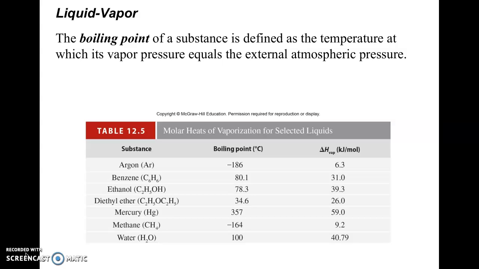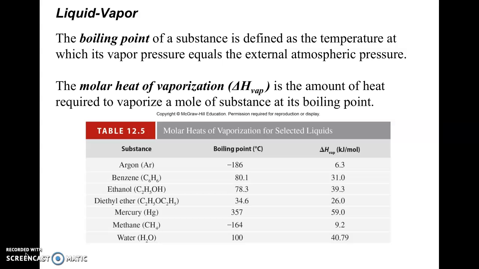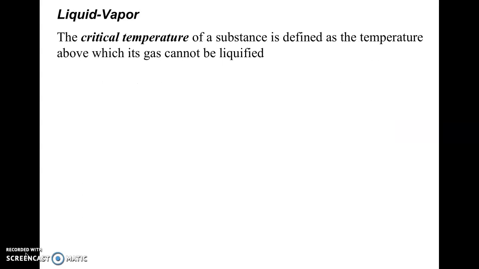It wants to exist as a gas, whereas water, you have to get it to 100 degrees C for it to boil, and you have to put quite a bit of energy into it, 40.79 kilojoules per mole. That delta H of vaporization listed there is the amount of heat that you'd have to put into a mole to get it to totally convert from liquid to a gas at its boiling point temperature.